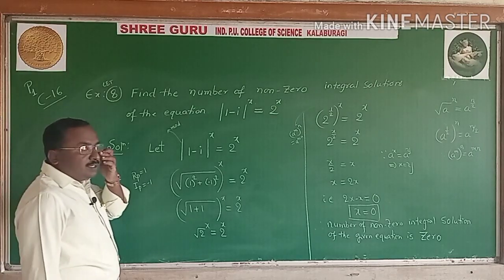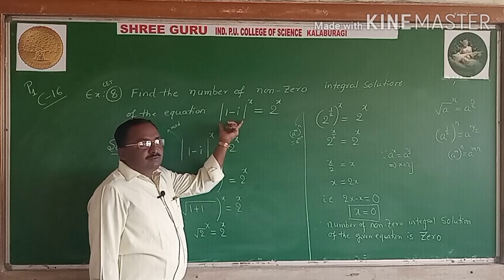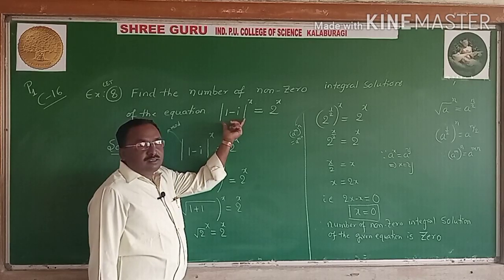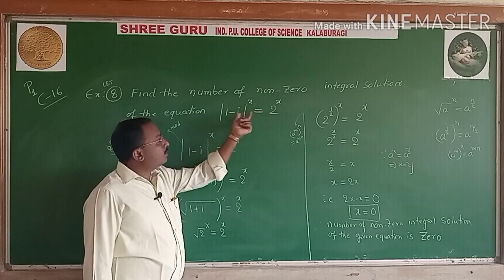Listen here, once again I will explain. Modulus of (1 minus i) whole to the power x is equal to 2 to the power x.